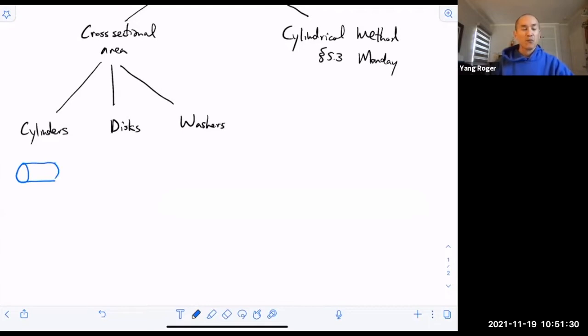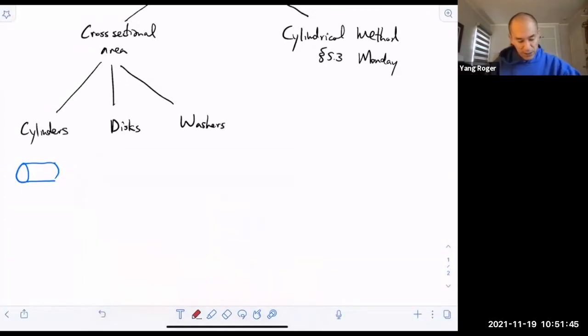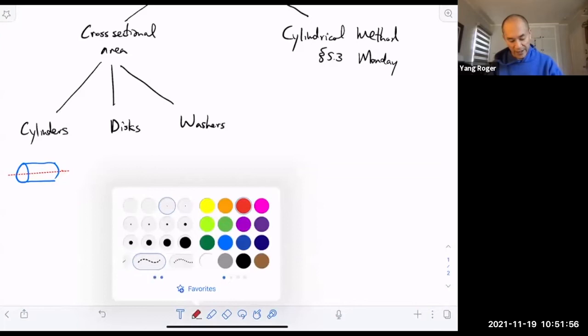And what happens is when we do this cross-sectional area method, you can imagine that you have an axis running through the center of your object. So in this case, it might look something like this. And then if you cut up perpendicular to the axis, you get these little cross-sectional areas.